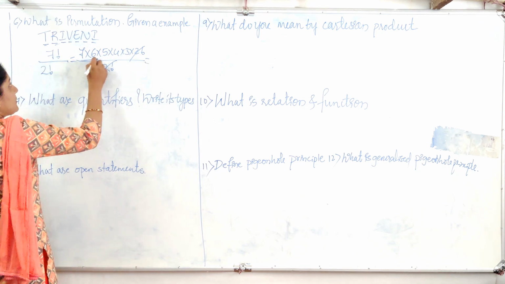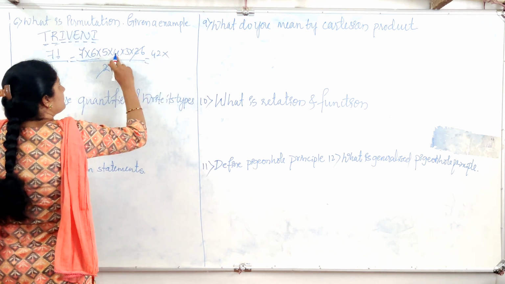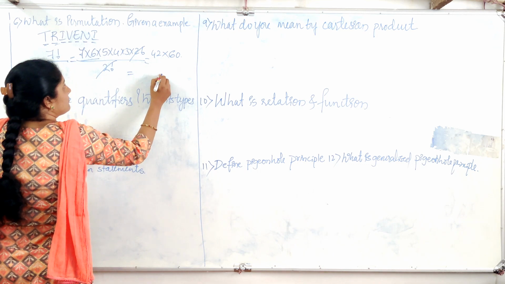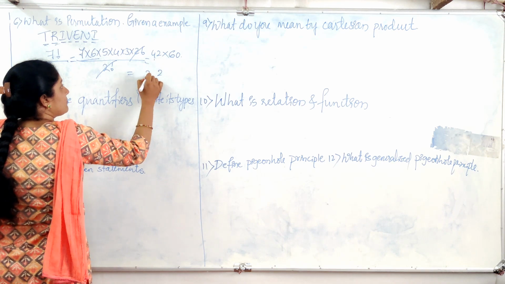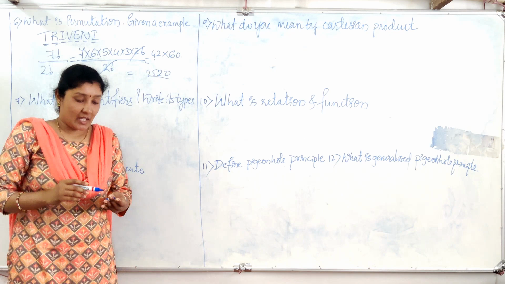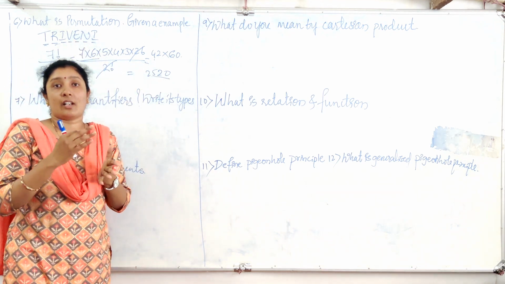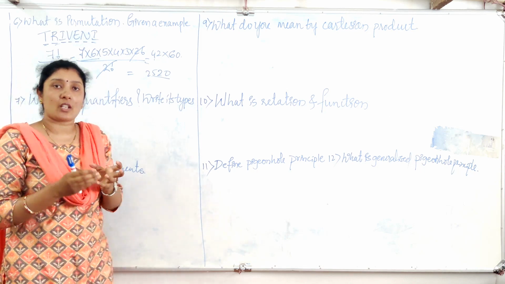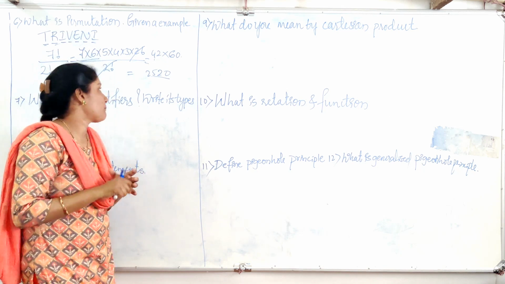Now what is the answer? 2,520. So using these letters we can have 2,520 words. Okay. So what is permutation? Permutation is a technique of arrangement of the given objects.